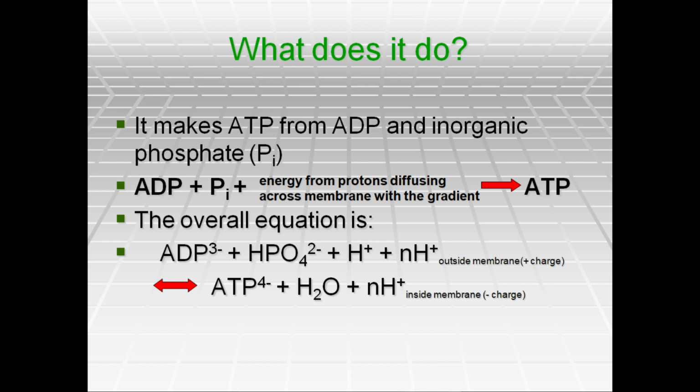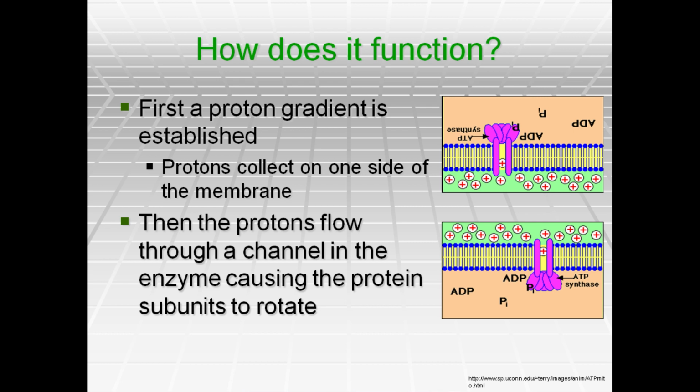ATP is made by the ATP synthase by adding ADP and inorganic phosphate. ADP plus inorganic phosphate and energy from the proton diffusing across the membrane with the gradient gives the ATP.